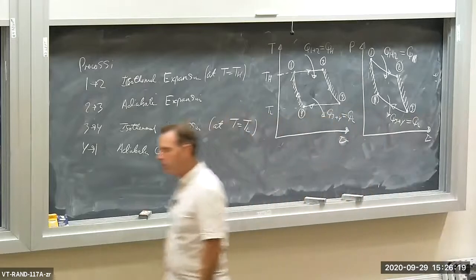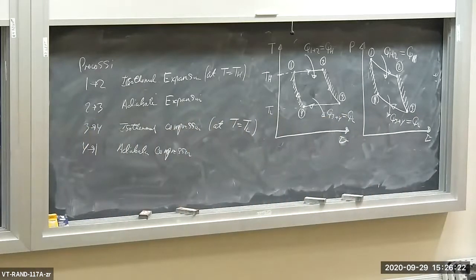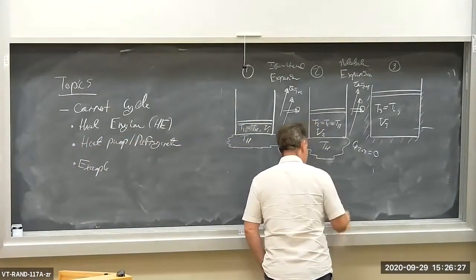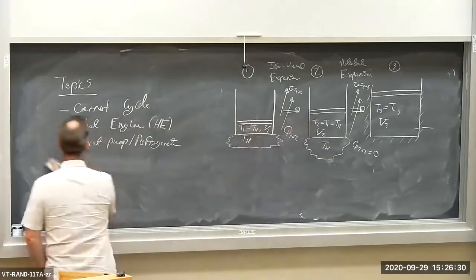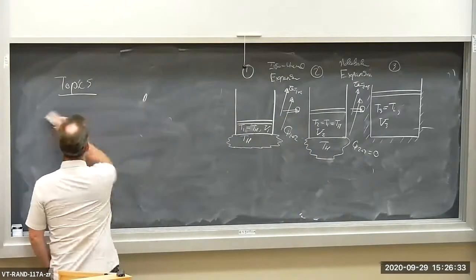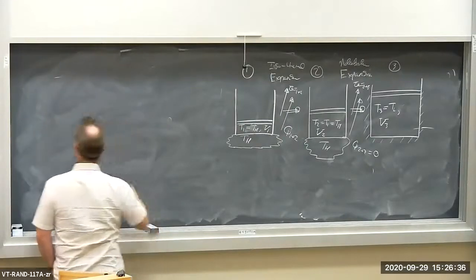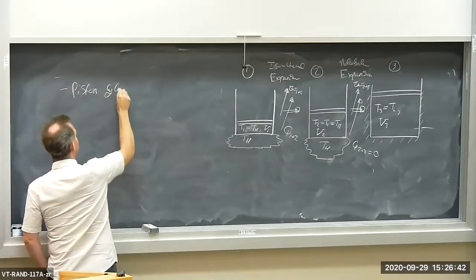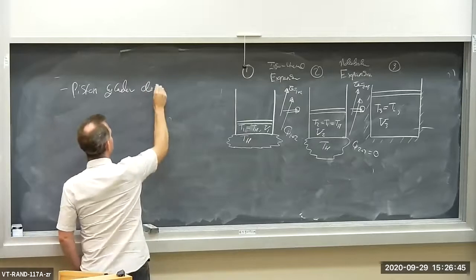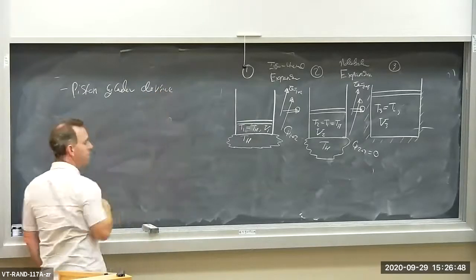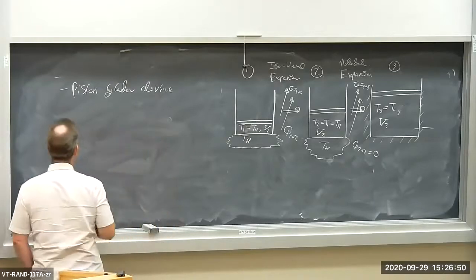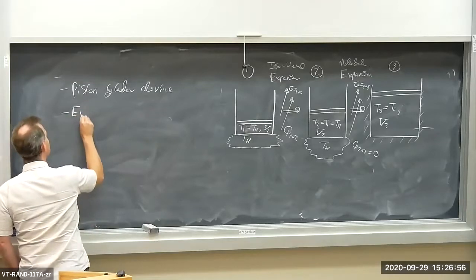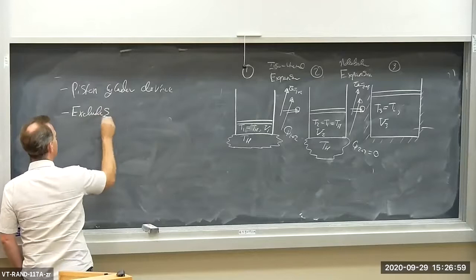Now let me make it explicit here. Let's move over to the next board. If the device is composed of a piston cylinder device, that's what we've been dealing with here, and that piston cylinder device excludes what?